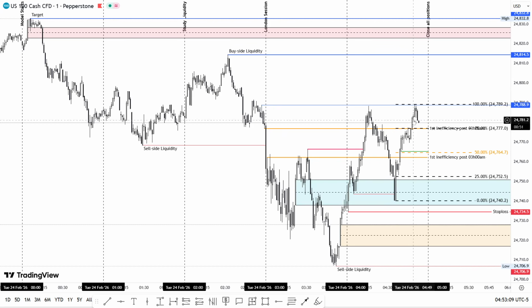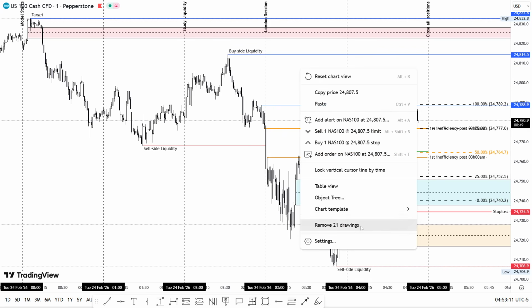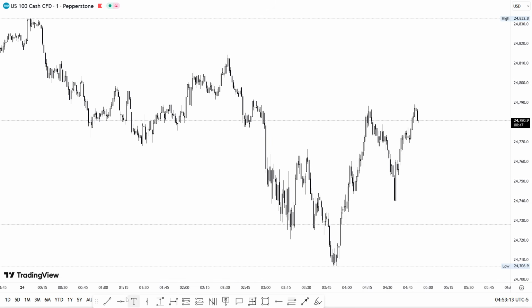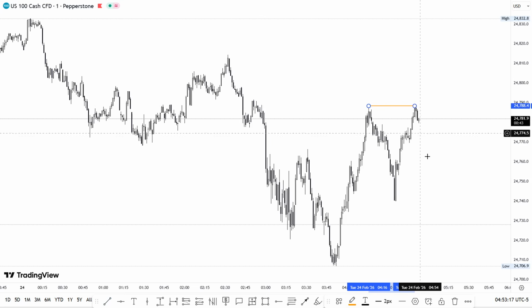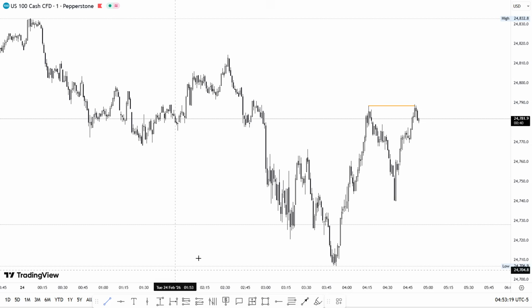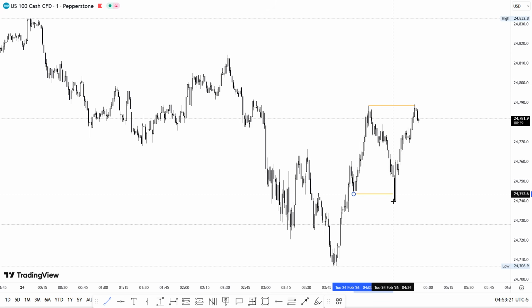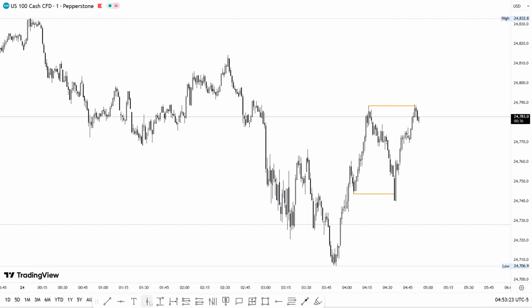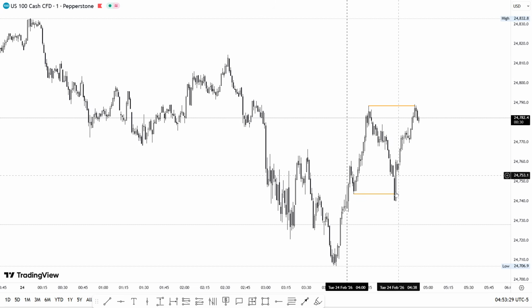Because why is this a dealing range? If we strip everything here and we have this swing high, and we have that swing low right there within this hour, from 4 o'clock to wherever the current time is, this is the dealing range.